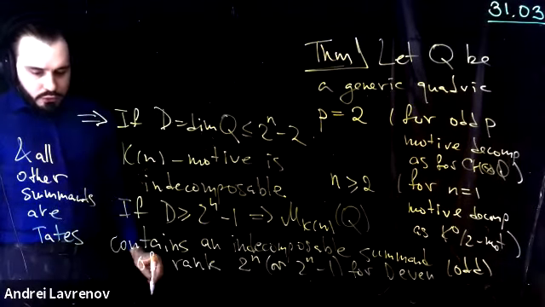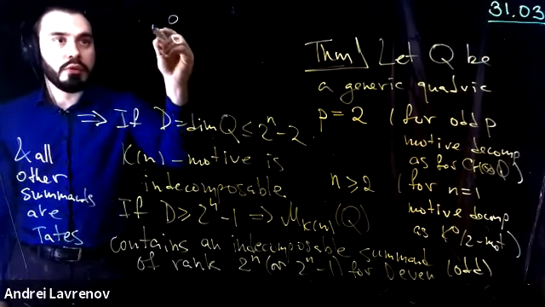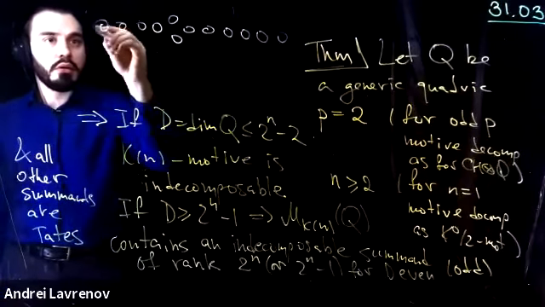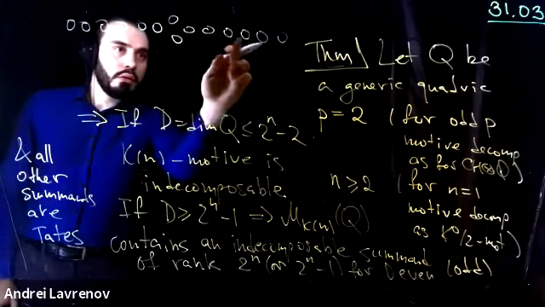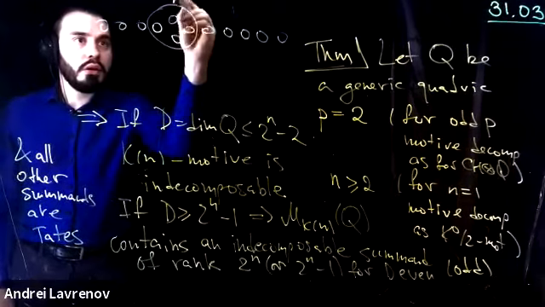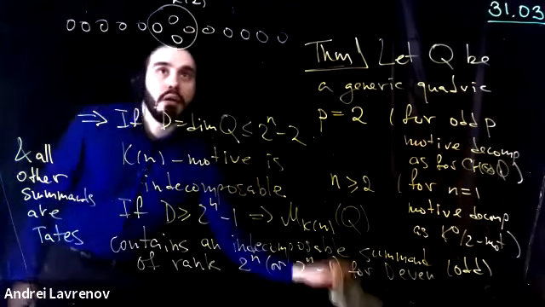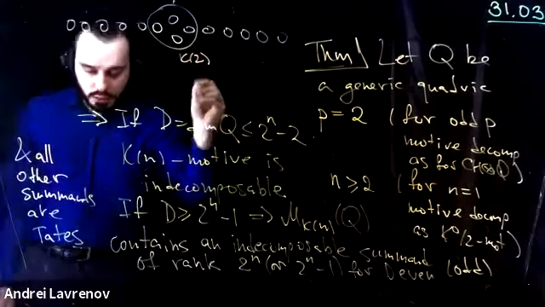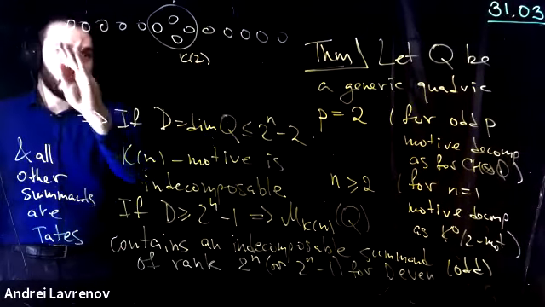So we can try to draw a picture, for example, for even dimensional quadrics. So if we take K_2, then this is the decomposition. And these are just Tate summands.